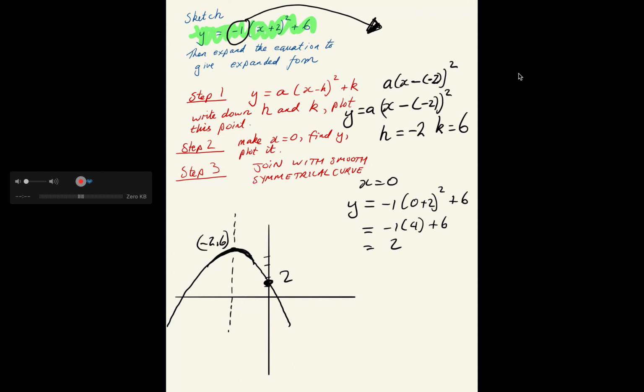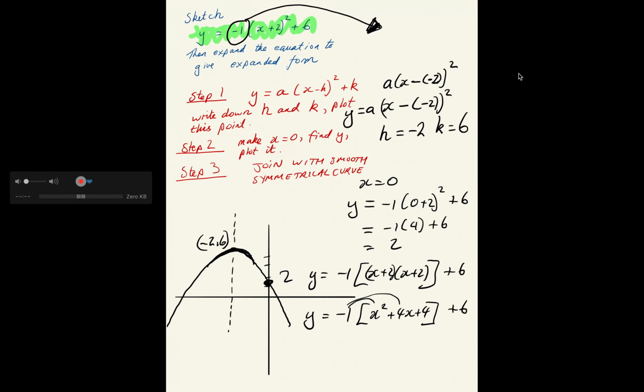So we have y equals negative 1, big bracket, I'm going to put (x plus 2) times (x plus 2), plus 6. So y equals negative 1 times, in here it should be x squared plus 4x plus 4, close bracket, then plus 6. The negative 1 only distributes across these three terms here.